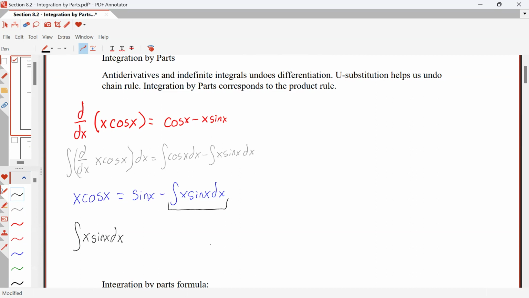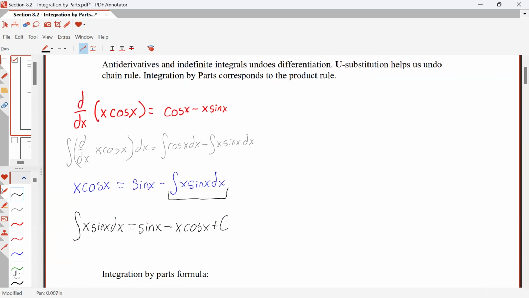And subtracting x cosine x from both sides, we now see that sine x minus x cosine x plus c is the antiderivative of x sine x. How can we create a formula that does the same thing?